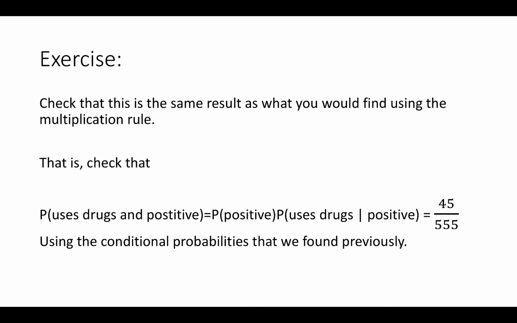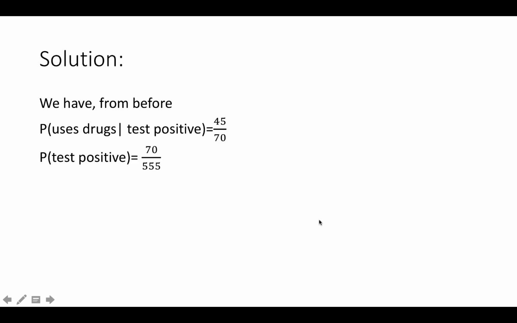Well, let's see that that's the same result that the multiplication rule would give us. That is, we want to check if we get the same result if we multiply the probability of positive times uses drugs given positive, using the probabilities that we found previously, which we also read off the chart.